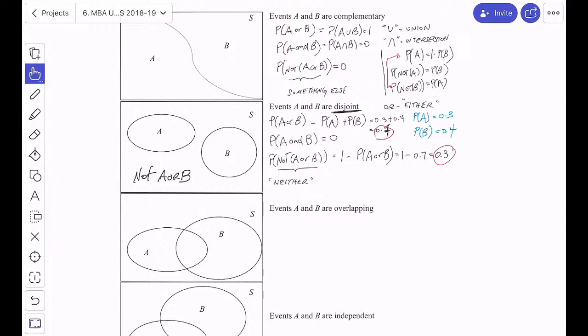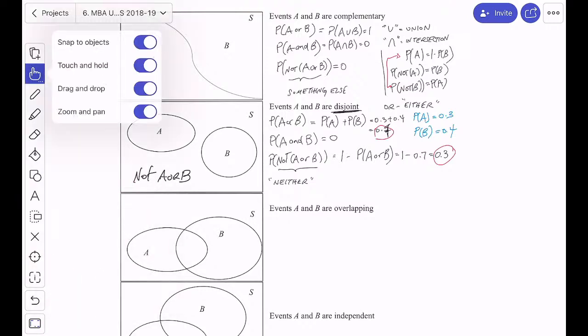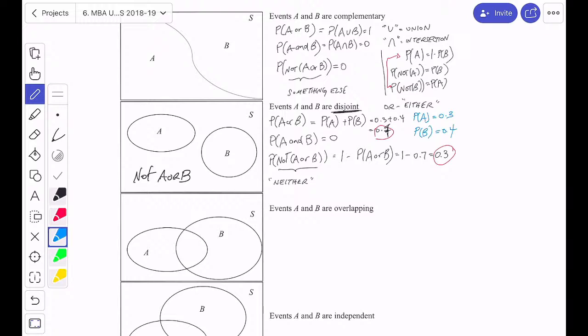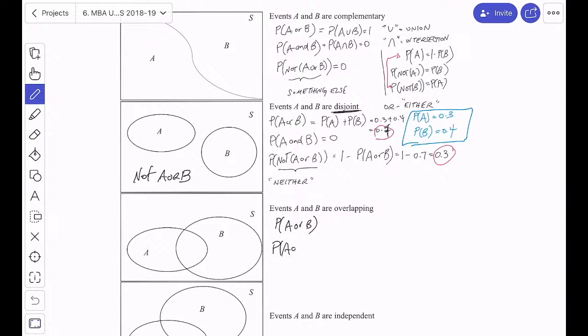All right, what about overlapping events? Here we are. So let's do the same thing, and I will use these same numbers below as well. All right.